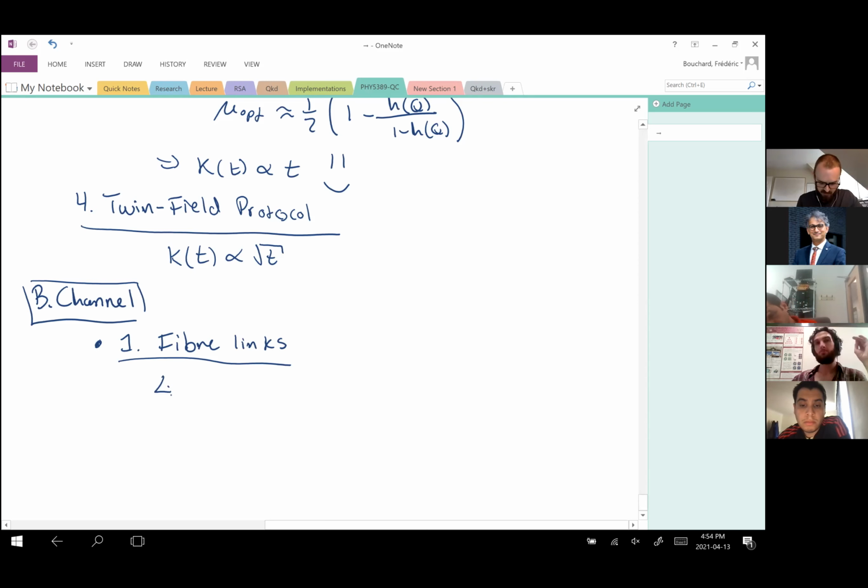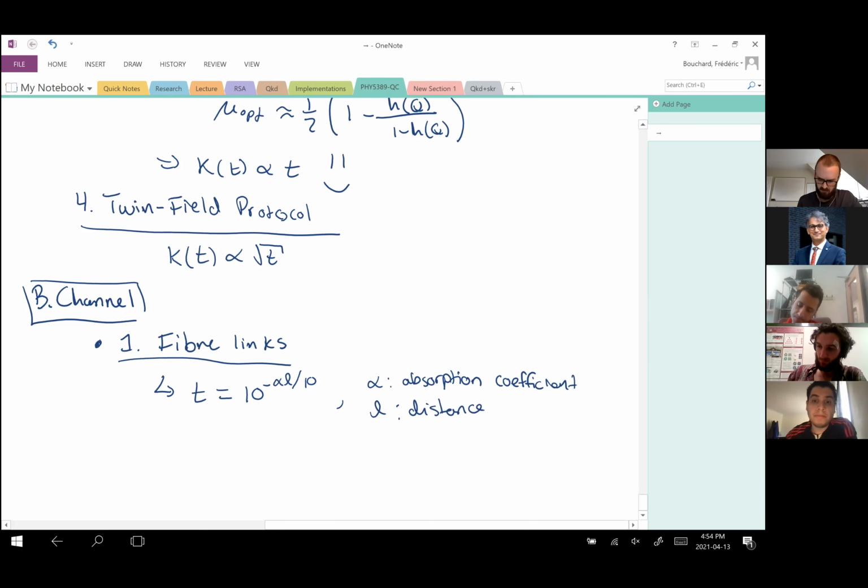The important parameter is T. T is your transmission, and it scales exponentially, where alpha is the absorption coefficient. This is basically just Beer's law. And L is the distance.